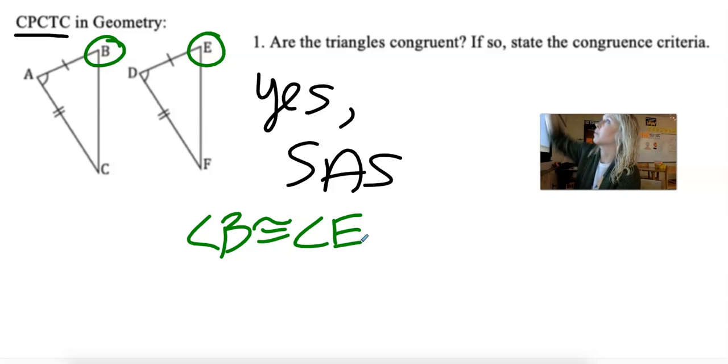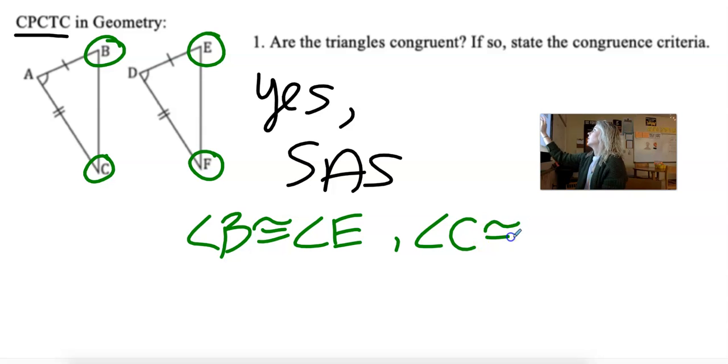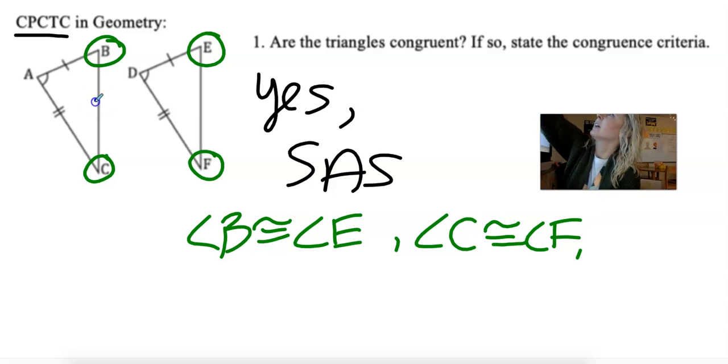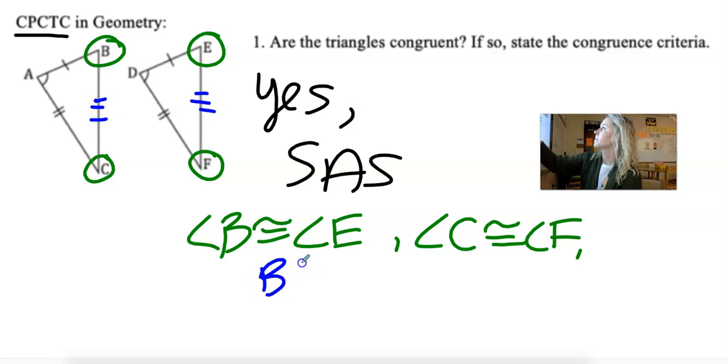The other corresponding part, or angle in this case, is going to be C and F. C matches up with F, it's its corresponding part. So I also know that angle C has to be congruent to F, because they're congruent triangles, so all the corresponding parts match up. Okay, there's one more piece of information I don't know, and it's a side in this case. So the side is going to be, for example, BC.